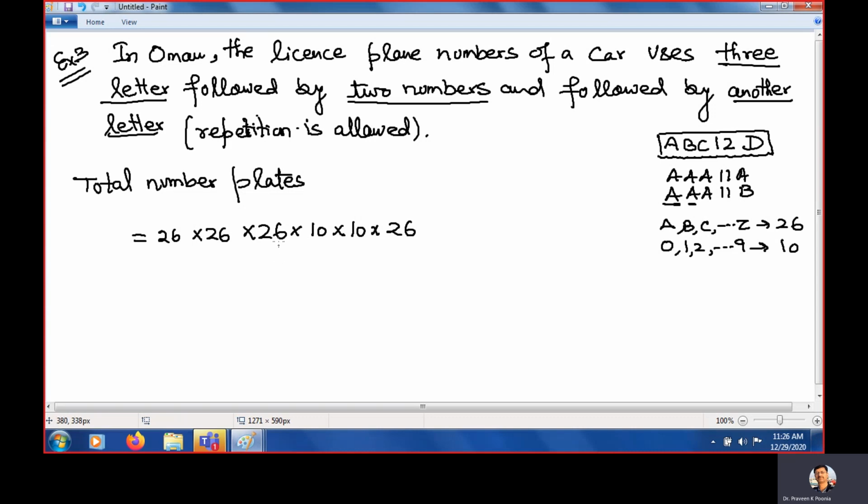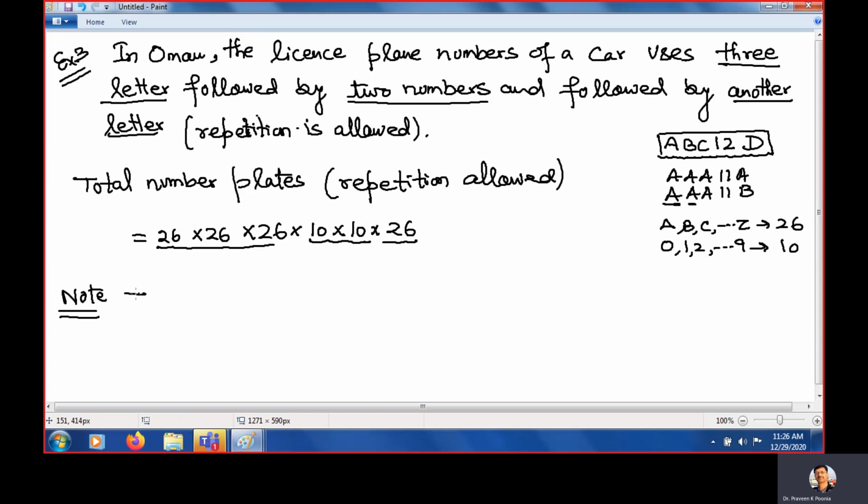So these are the total possibilities of the number of plates if repetition is allowed. This is not asked in the question, but I want to explain to you.